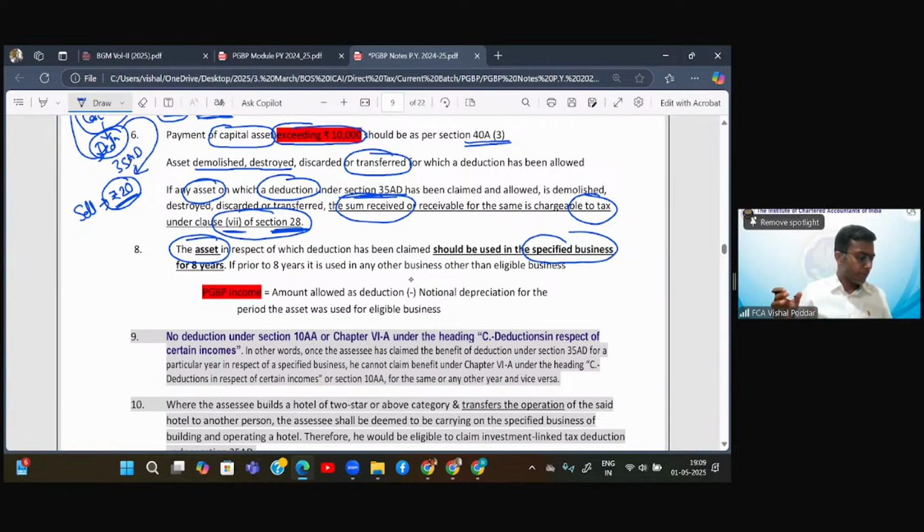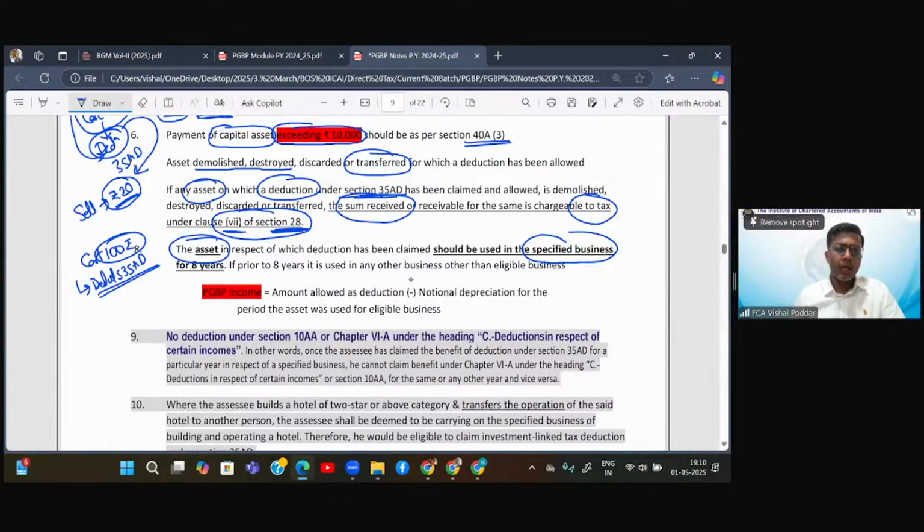So whatever business names are covered in this list, they are called specified businesses. Now, I have purchased an asset. Again, let us say for rupees 100. And since my business is one of these 35AD businesses, I have got the deduction of this entire 100 under 35AD. The entire 100 rupees is allowed to me as deduction.